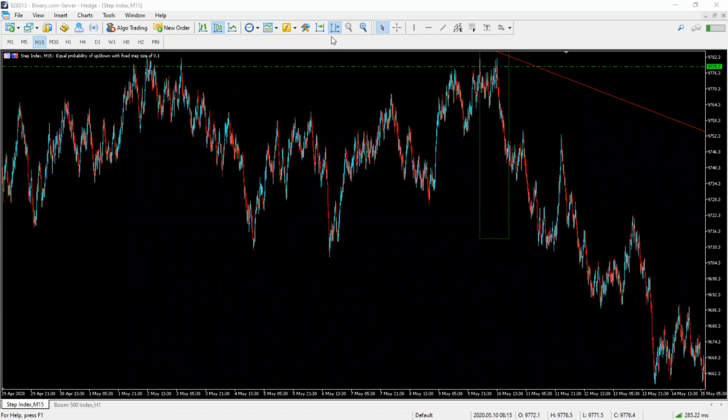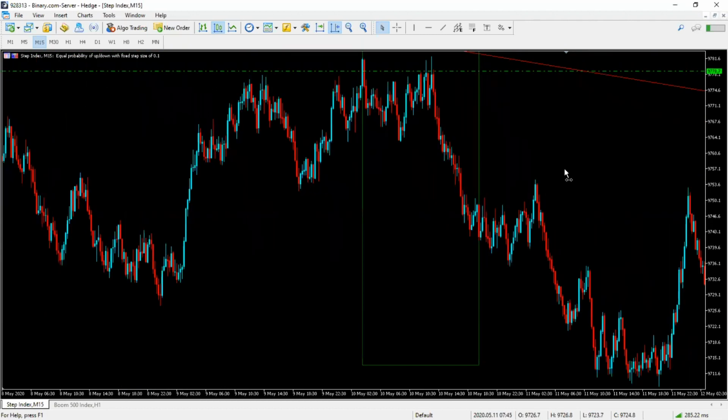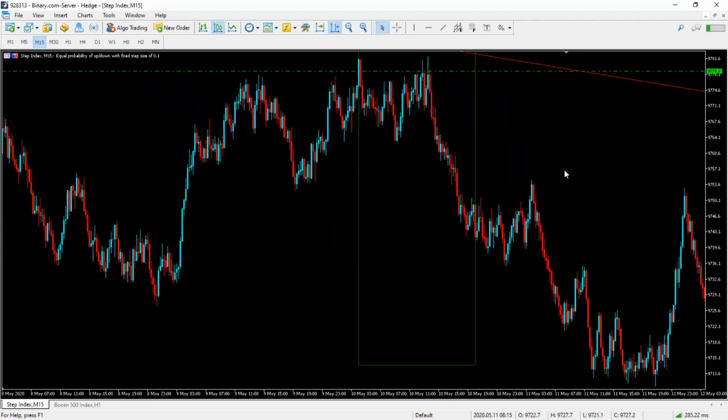But confirmation number 2 should be that if you draw that area, you are waiting to see an entry trigger. An entry trigger here we have is the bearish engulfing pattern. Here we see already that there is a bearish engulfing pattern.